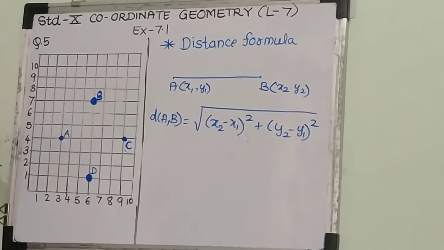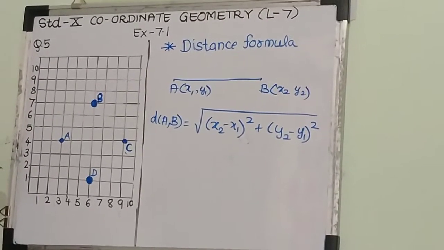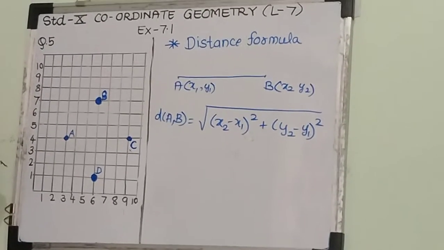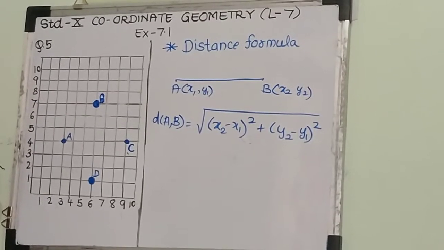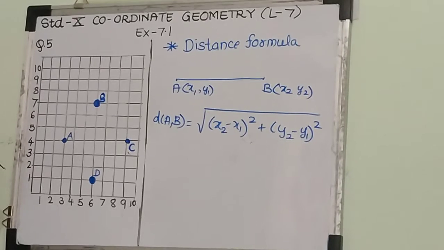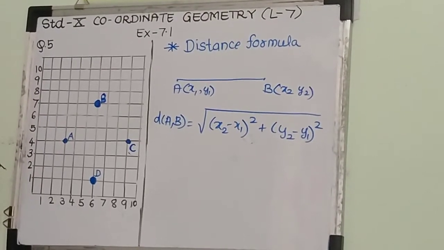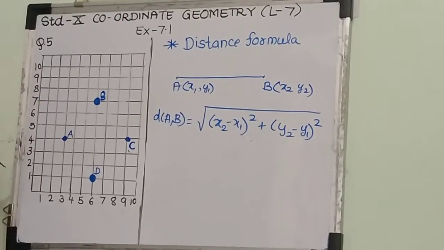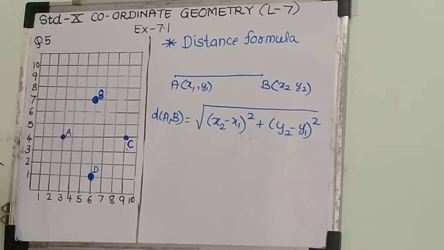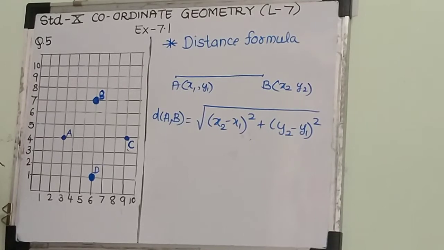Then Champa and Chameli walk into the class, and after observing for a few minutes, Champa asks Chameli, "Don't you think ABCD is a square?" Chameli disagrees. So using the distance formula, we have to find out which of them is correct.